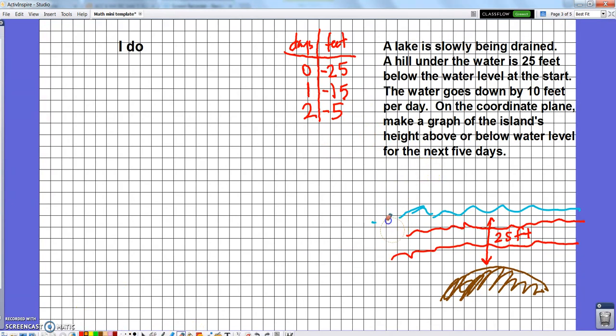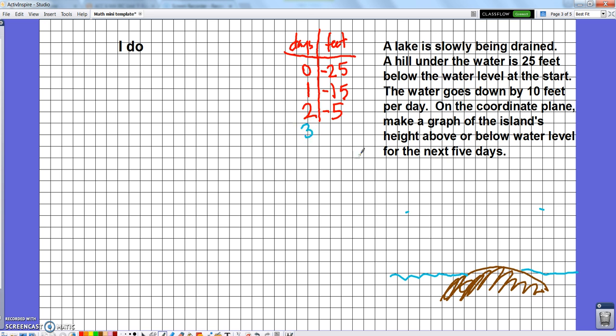Now the water, when it goes down another 10 feet, all of a sudden my island is going to be above water now. So if you want to imagine how it works, a little bit of my hill is going to stick out.